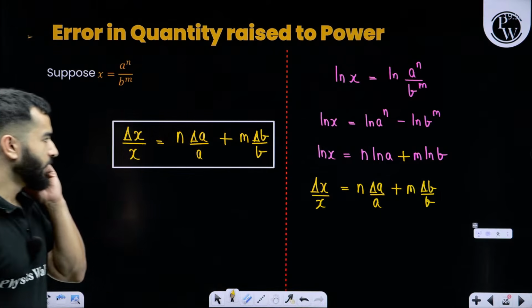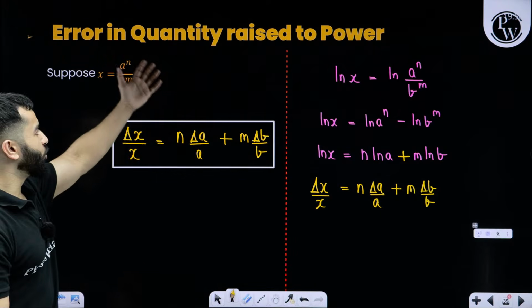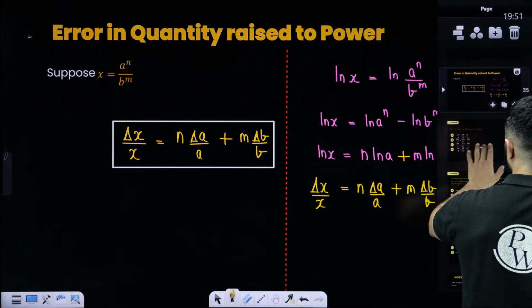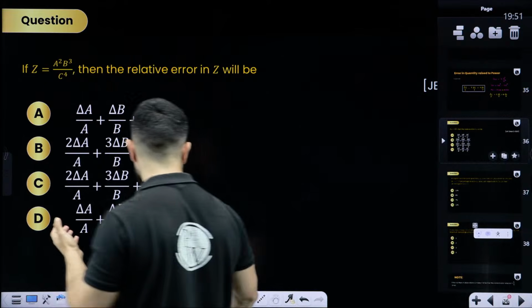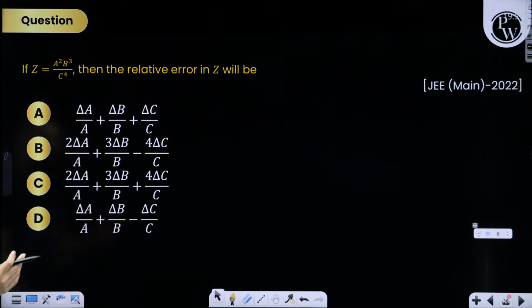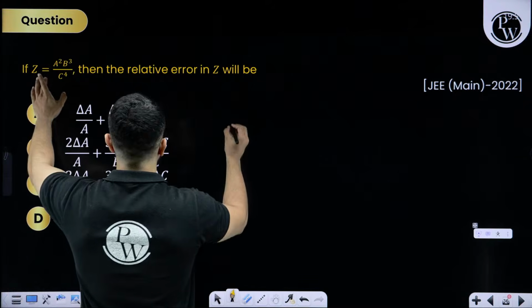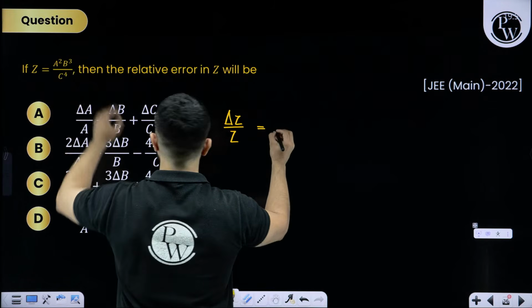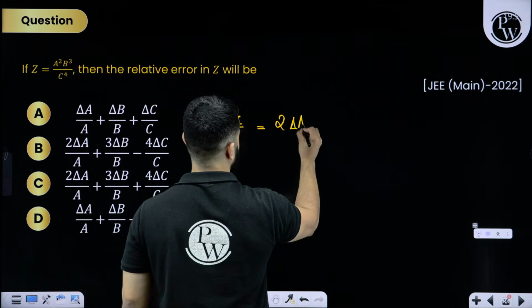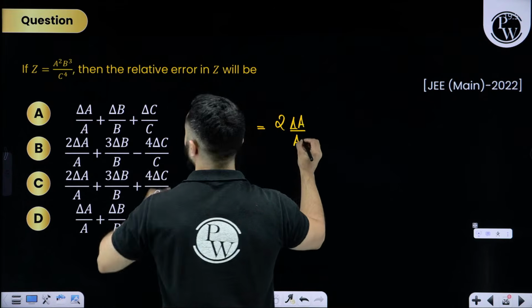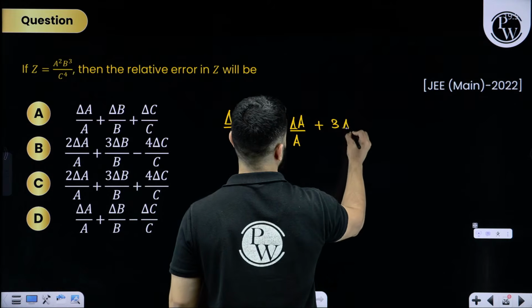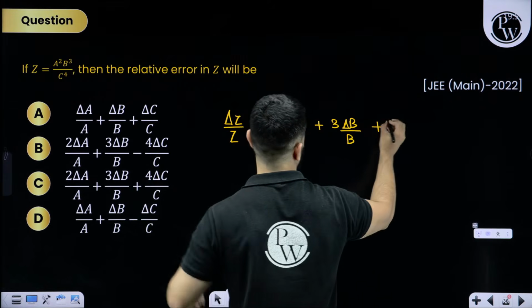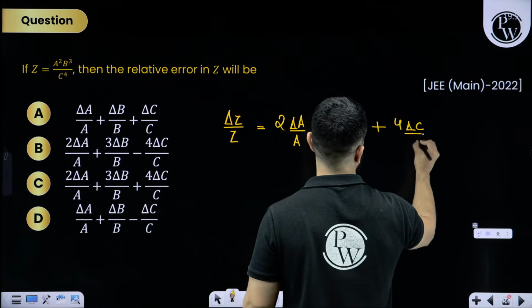Clear? Done. From now on, you can directly use the power rule anywhere you want. And again, this is one of the frequently asked questions, like this one. You can do it by yourself. We have to find the relative error. So delta z upon z is actually equal to 2 times delta a upon a plus 3 times delta b upon b plus, not minus, plus 4 times delta c upon c.